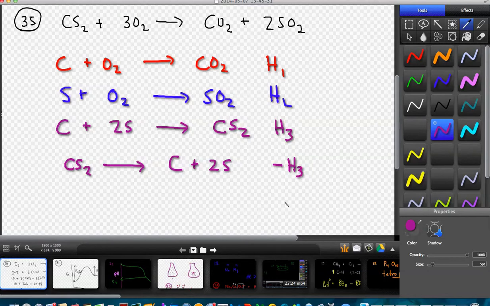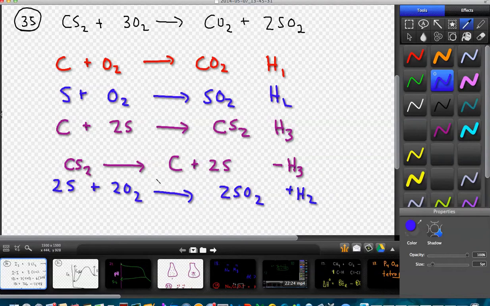I also need two SO2s as a product. So let's multiply equation 2 by 2, which means we multiply H2 by 2. So we have 2S plus 2O2 yields 2SO2. This will be plus 2H2.